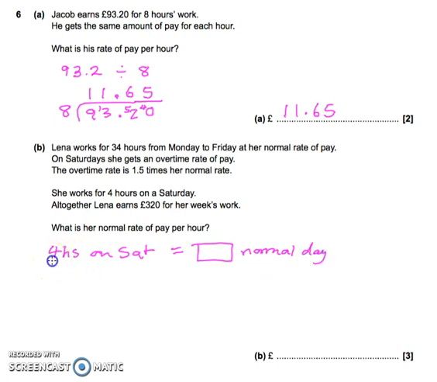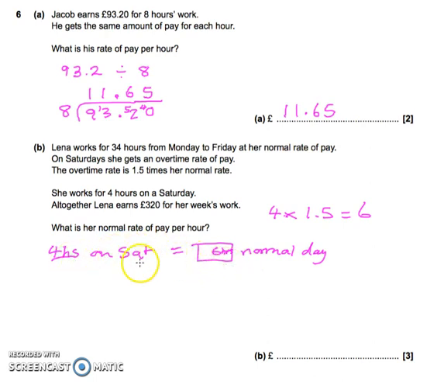Well, if it's 1.5 times more, we have to do 4 times 1.5, which is equal to 6.